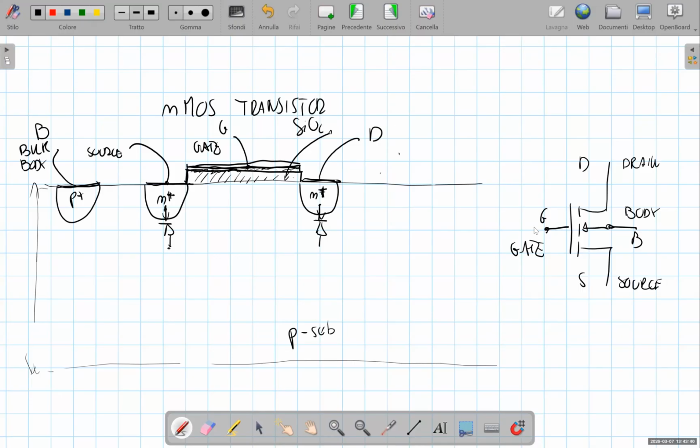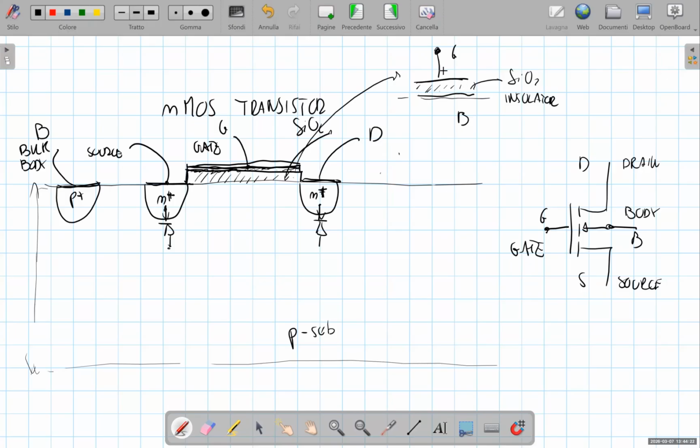The idea is that this structure resembles a parallel plate capacitor, in which the gate corresponds to the top metal plate, the silicon dioxide is the dielectric, the insulator, and the bottom plate is the bulk, the body of the semiconductor material. This structure can be regarded as a parallel plate capacitor.